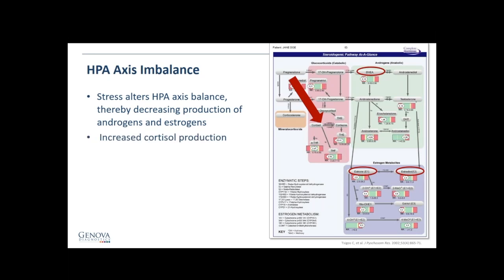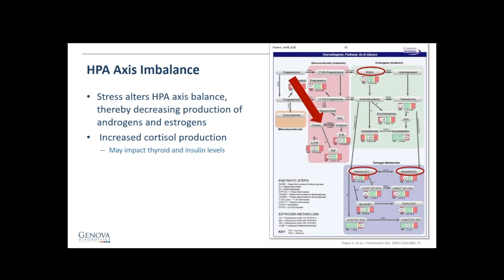Now, increased cortisol production has its issues. It may impact thyroid and insulin levels. High cortisol can imply less thyroid production. There's a competition there, and so your hypothyroid patients may actually be high cortisol patients, and that may be the problem that needs to be addressed.